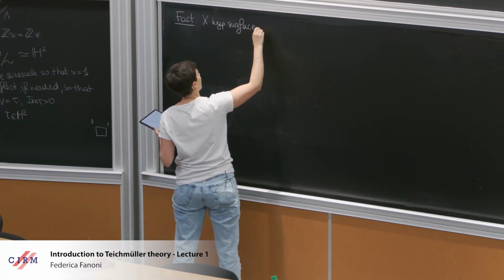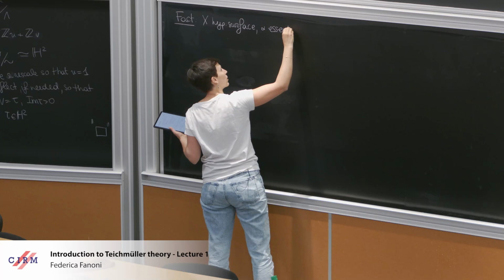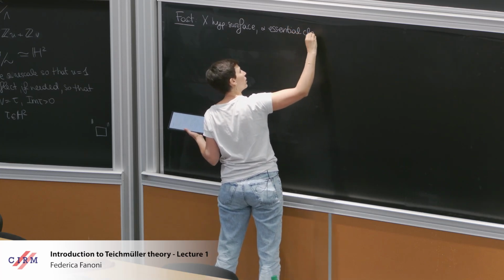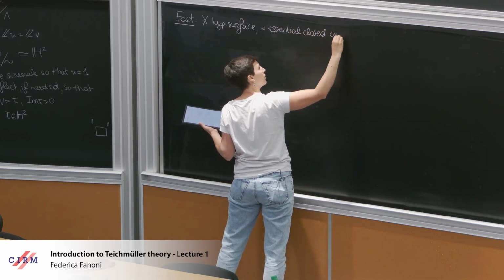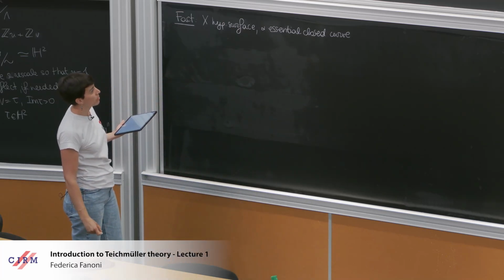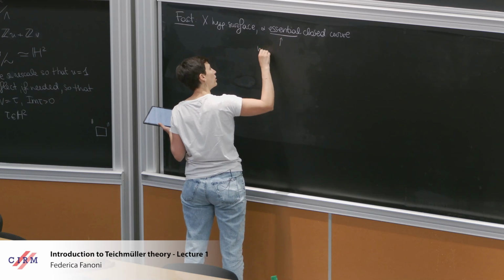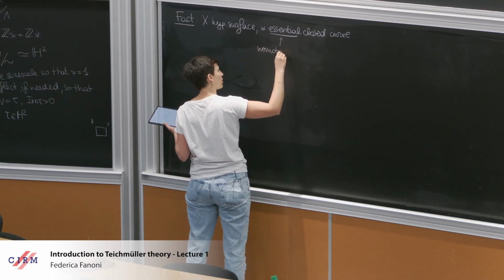and I have alpha, which is an essential closed curve. In our case, essential just means homotopically non-trivial, so non-contractible.